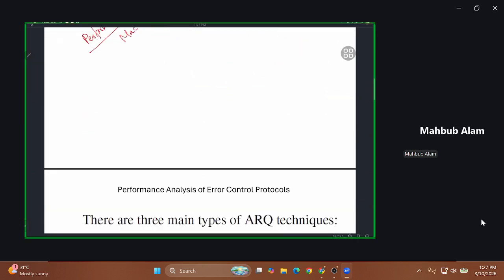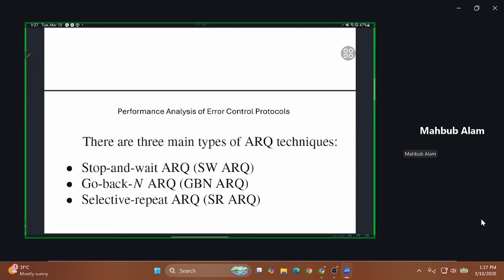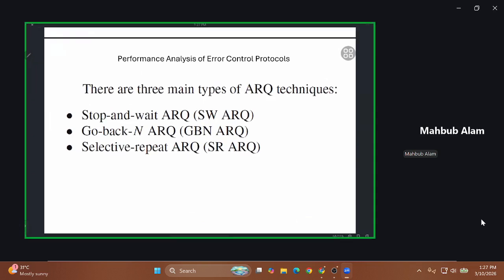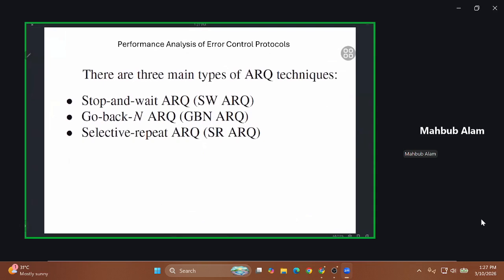Since you do not have any questions, let us move on to the second part of this chapter, where we analyze different error control protocols. The protocols are very basic, very simple, though these protocols are widely used. For example, Go-Back-N ARQ is a modified version of this one, which is used by TCP.